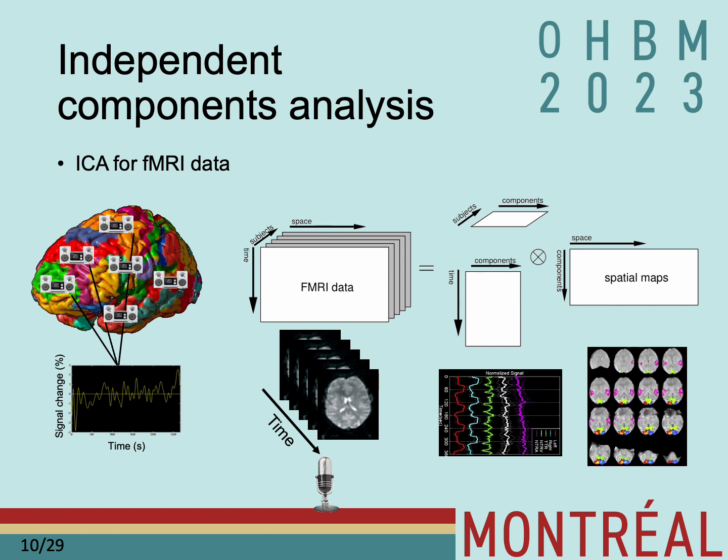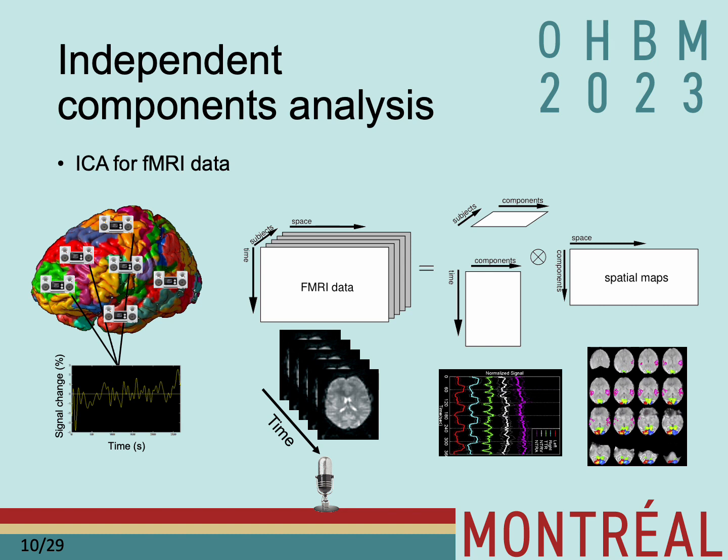Actually, in fMRI data, group analysis is basically performed. It means that these spatial maps and mixing matrices are estimated per group.